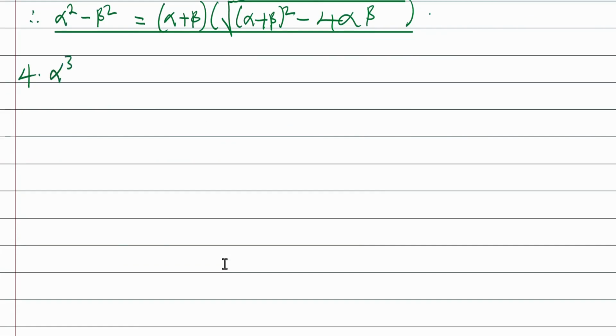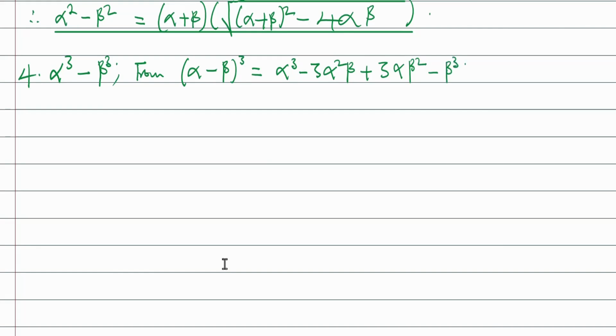Number 4, it is alpha cubed minus beta cubed. So we are going to say that from alpha minus beta, the whole of it cubed, this is the same as alpha cubed minus 3 alpha squared beta plus 3 alpha beta squared minus beta cubed.